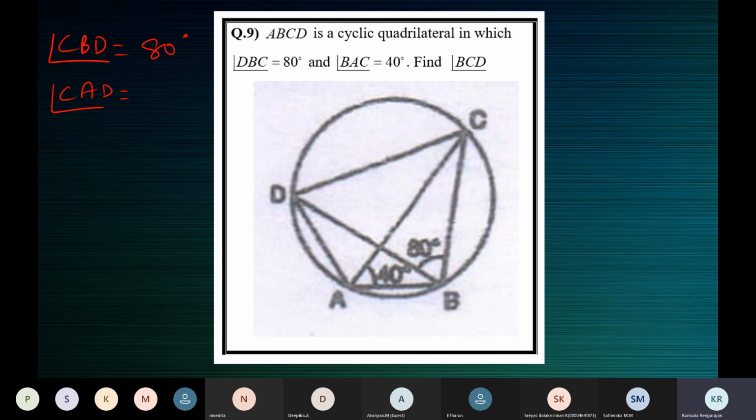If CBD is 80 degrees, what is the measure of angle CAD? What can you say about these two angles, CBD and CAD? They are equal. They're equal, but just explain on that.